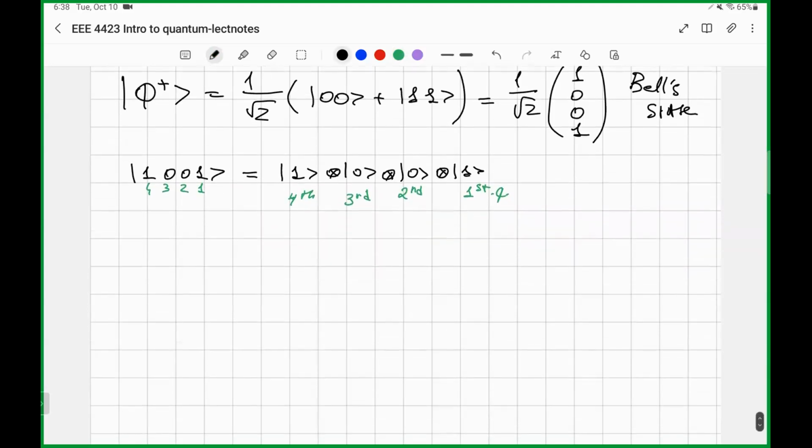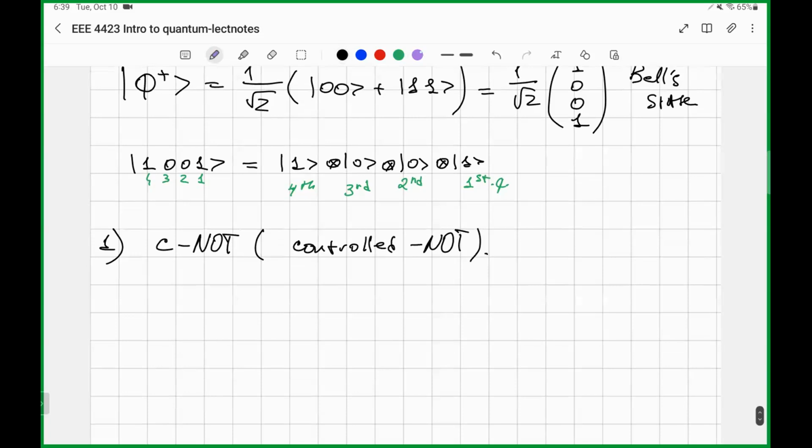So the first 2-qubit gate is known as CNOT, or controlled NOT. In some sense, it is a quantum analog of the classical XOR gate.